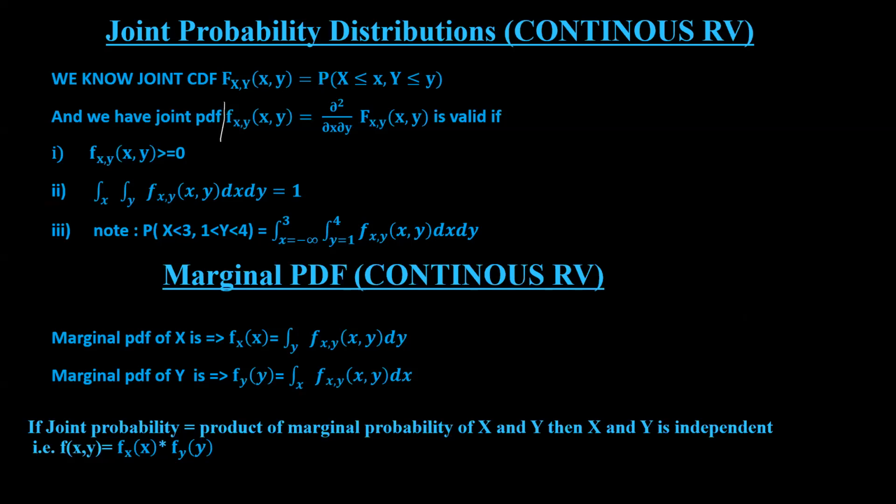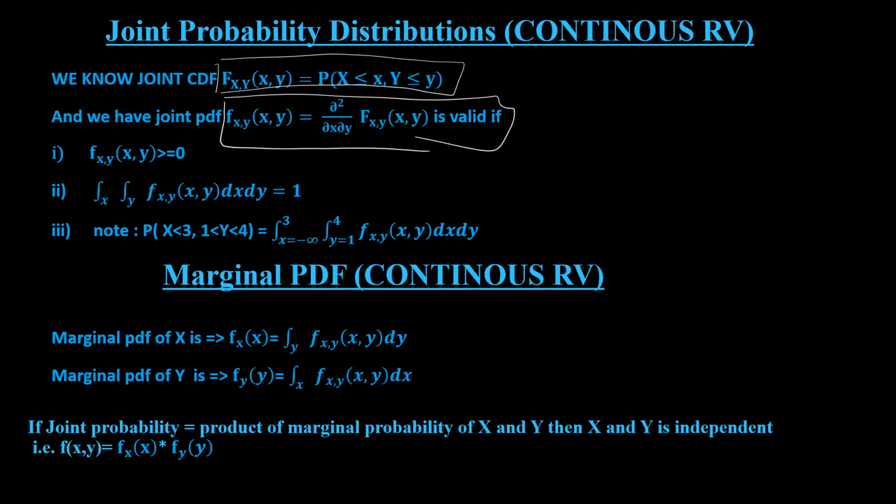F of xy is equal to partial differentiation, because already I have told you how to find the CDF of x and y in the previous slide. Whenever you differentiate with respect to x, because it's two variables here, I have written partial derivative. So actually f of xy is the joint probability distribution when f of xy is greater than or equal to 0 and integration of this should be equal to 1. Simple procedure, same concept, nothing new in this.